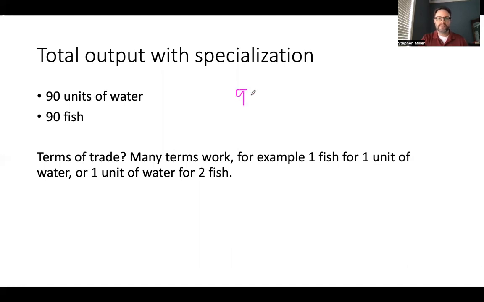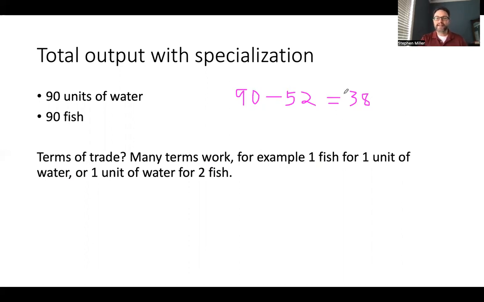So it's 90 minus 52 for both of them, right? For both fish and water, which means, what is that, Miller? 38. Part of my brain that does arithmetic stalled for a moment. All right.